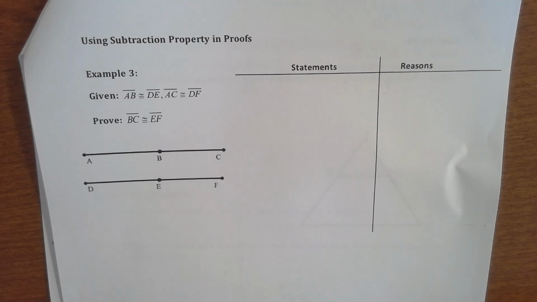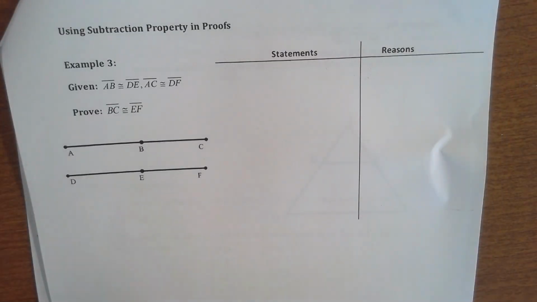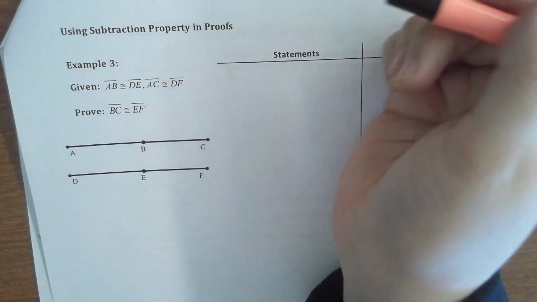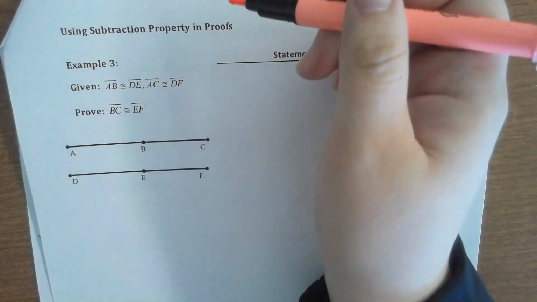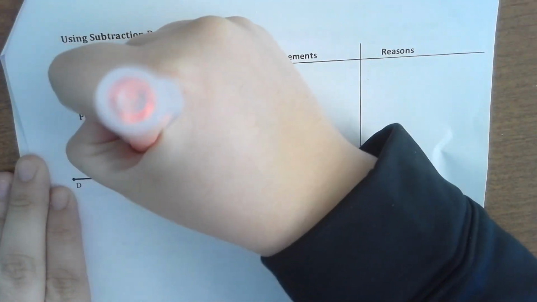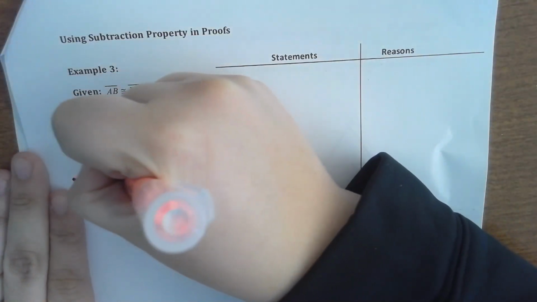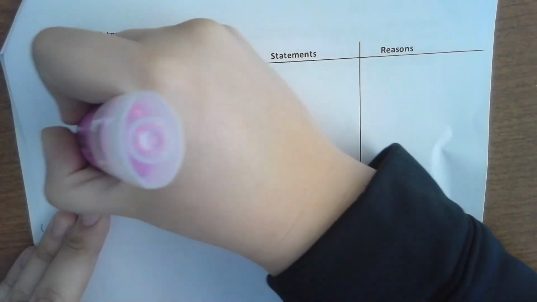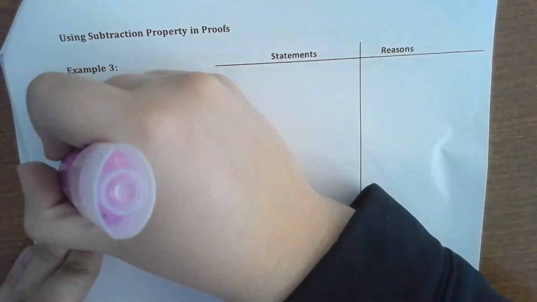But with addition also comes subtraction. So now we're going to do some subtracting proofs. They won't always tell us, so we have to know if it's subtraction or addition. They're giving me AB equals DE, and the whole thing equals this whole thing.